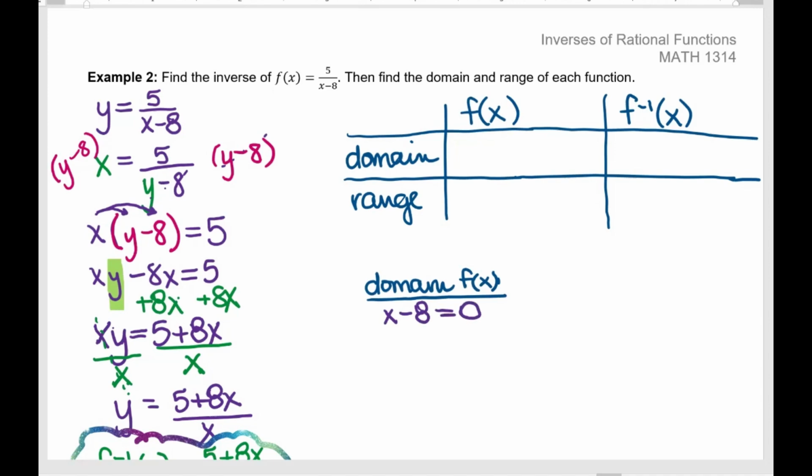So we take x minus 8 equal to 0, and we find out that x equals 8 is our restricted value. Remember that our restricted value is the number we cannot be. So if we were to plug 8 into the denominator of f of x, our original function, we would wind up getting an error, an undefined.